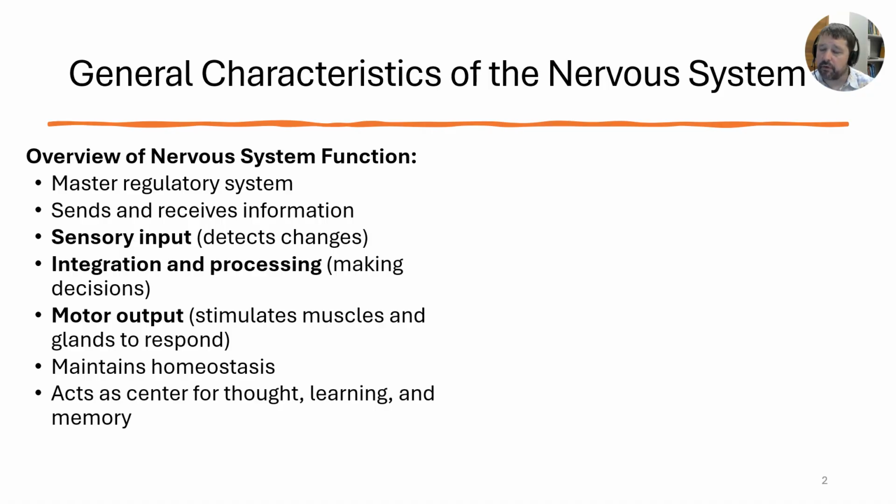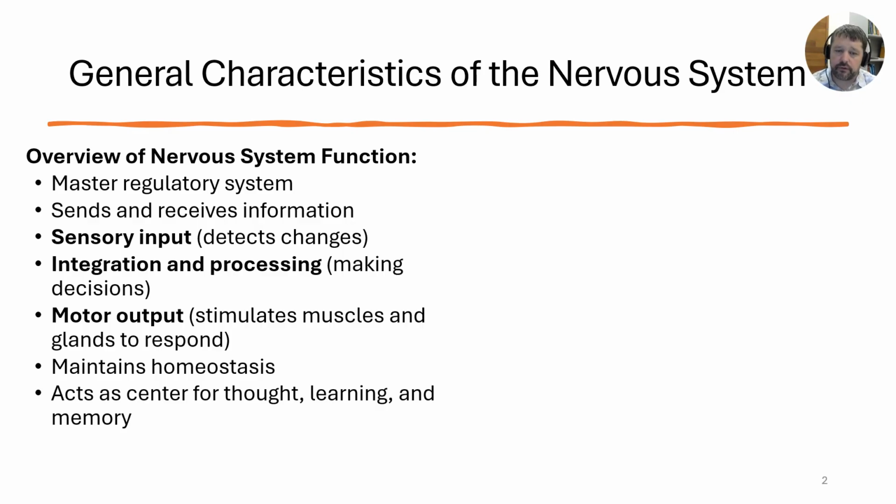This could be a response in thermal control. There are lots of ways in which responses can occur. And again, it's a big player in homeostasis, maintaining that normalized environment within the body.